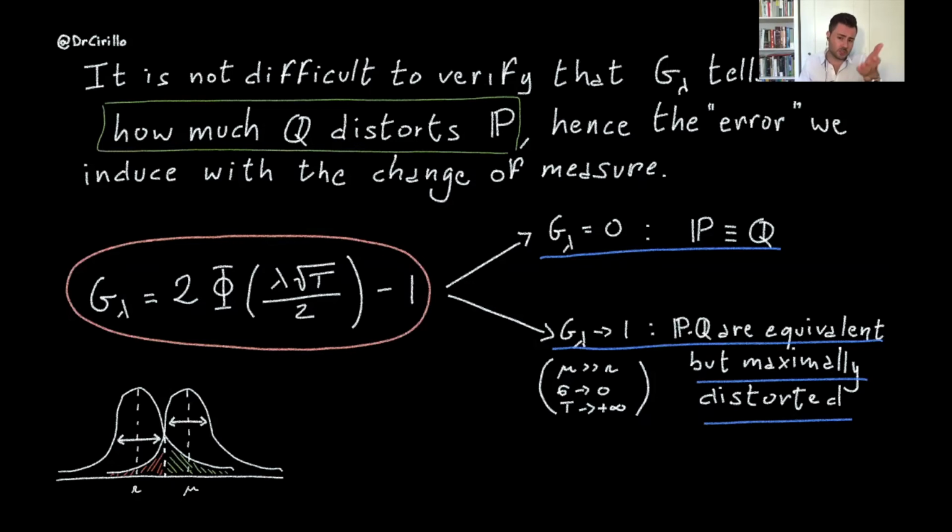The third situation that we can consider, but then we can also consider combinations, is when t is going to plus infinity. Now, we know that the longer the time horizon, the more the uncertainty. So obviously, if t goes to plus infinity, the Gini is telling you that there is a very, very big difference between the two measures.